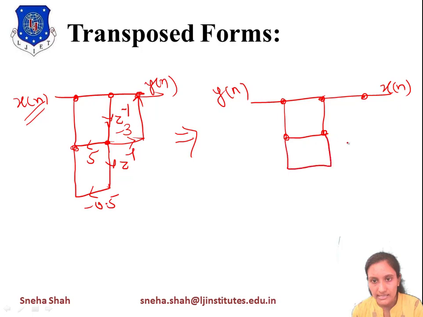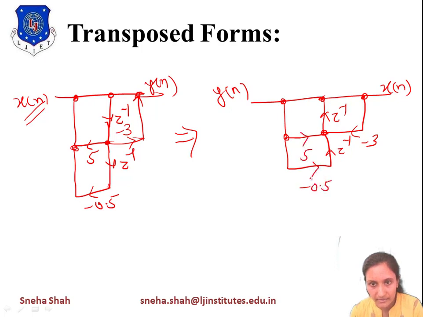So the structure will remain the same, but the direction gets reversed. So z inverse goes in this direction upward, minus 3 will be in this direction, 5 will be in this direction, and minus 0.5 will be in this direction. It means we reverse the direction of the constant multipliers as well as the z inverse terms, and we interchange input and output to show it in transpose form.